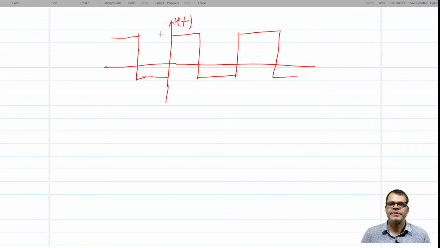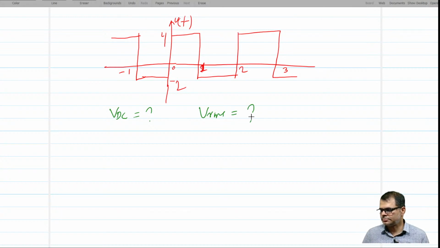This is 4, this is -2, this is 1, this is 2, T, and -1. I am interested in calculating the DC value of this wave and the RMS value of this wave.